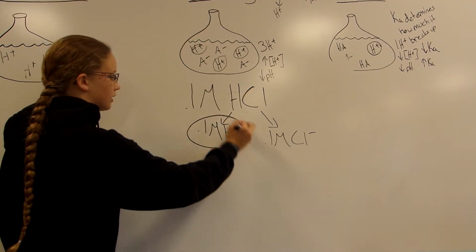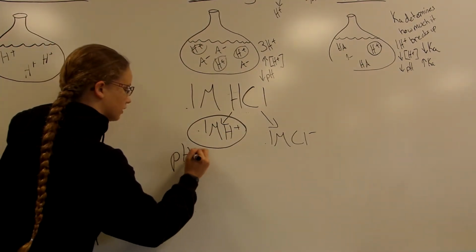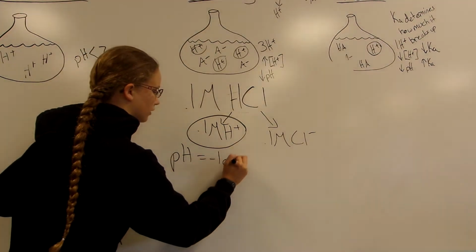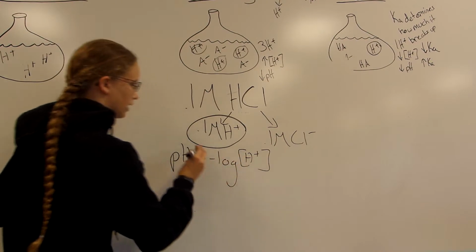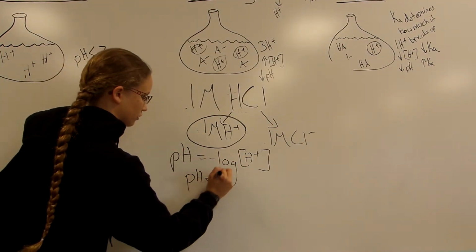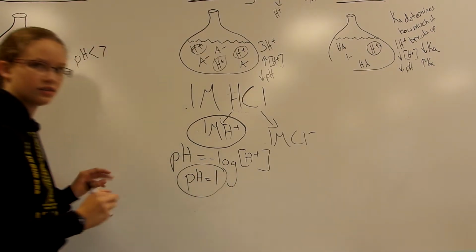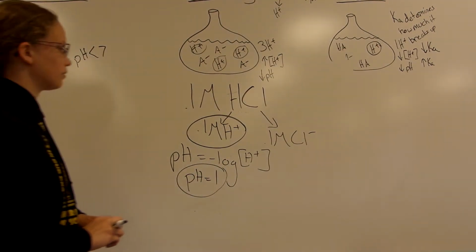We need to worry about the concentration of H plus for our pH. You know that pH is equal to the negative log of the concentration of H plus. The negative log of 0.1 is just 1, so our pH will be equal to 1. This isn't very difficult. However, for the weak acids, it's a bit more complicated.